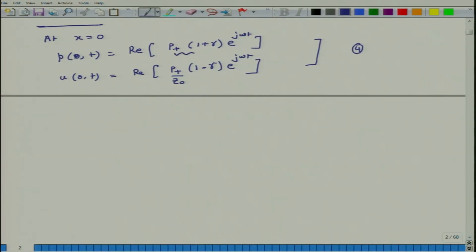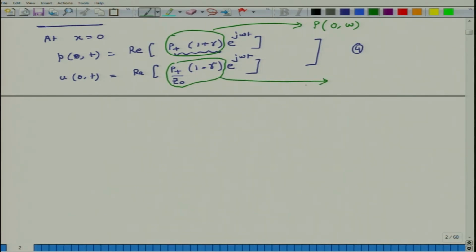This term is the complex amplitude of the pressure at x equal to 0, so I can call it P0(ω), it can change with frequency. Similarly, this term is the complex amplitude of the velocity at x equal to 0, so this is capital U0(ω).